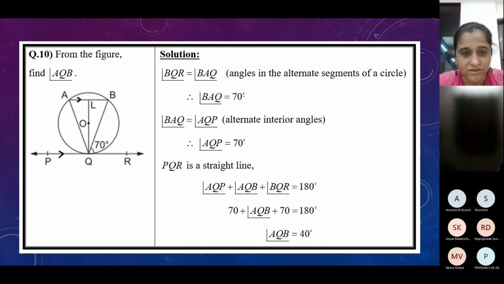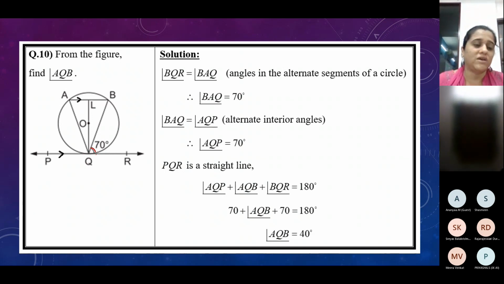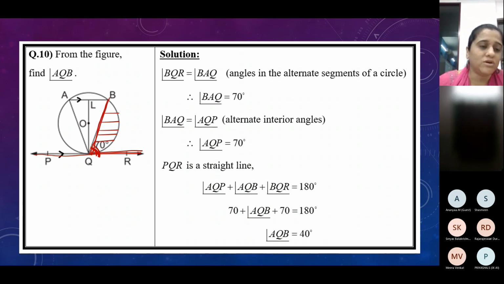What I have written here is I've used angle BQR itself. By using the same theorem, BQ is the chord, PR is the tangent, and this is the angle in the minor segment between the chord and the tangent, 70 degrees. The same chord BQ subtends this angle in the major segment.